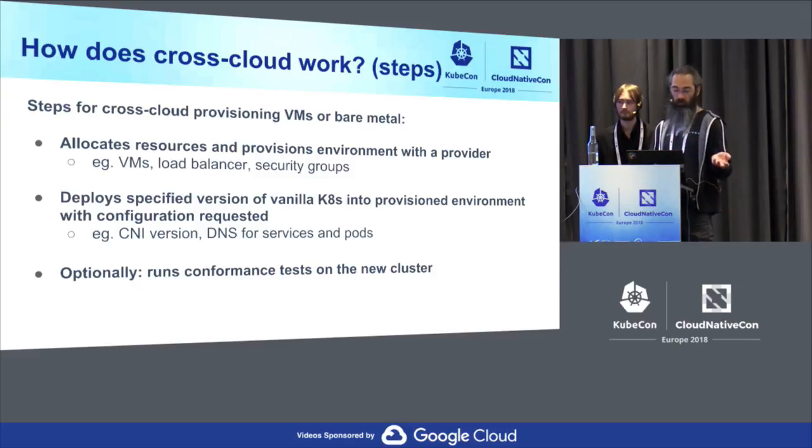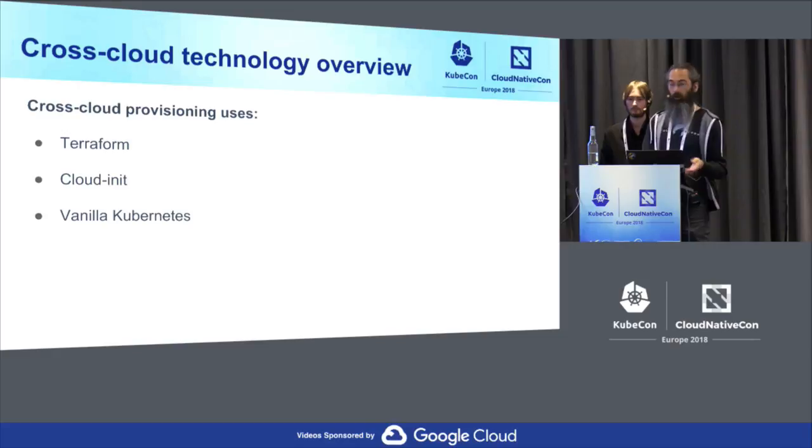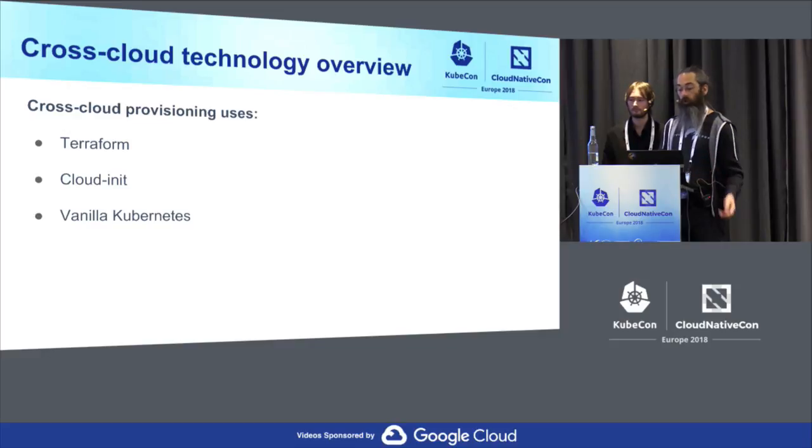Then run our own tests after the fact. We can also enable specific flags or plug in different versions of components that go with Kubernetes. So Terraform, as we just saw, cloud-init as well, is passed in, and the manifests are laid down for the vanilla Kubernetes. And that's the main technology for this.